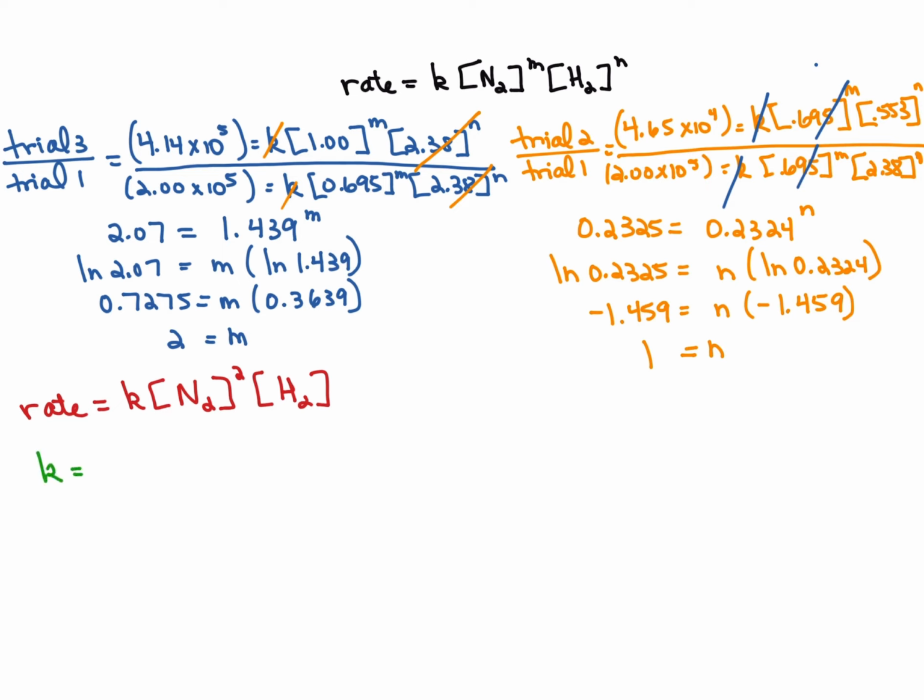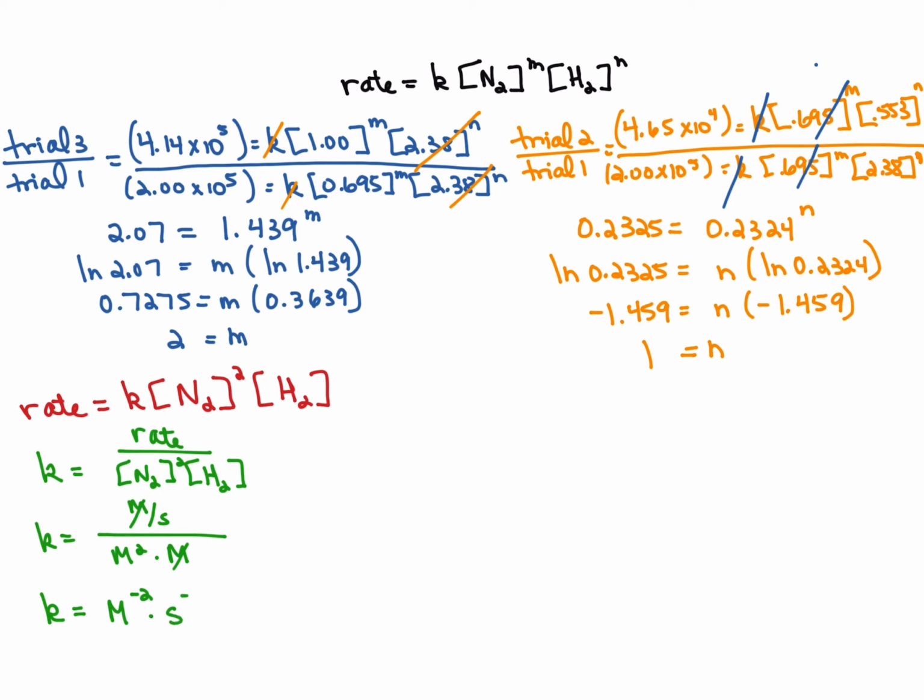So K equals rate over the concentration of N2 to the power of 2 times the concentration of H2 to the power of 1. I'm just going to insert my units and see what cancels out. One of my molarities cancels out with one of the molarities. So the units of K is going to be 1 over molarity squared times 1 over seconds.